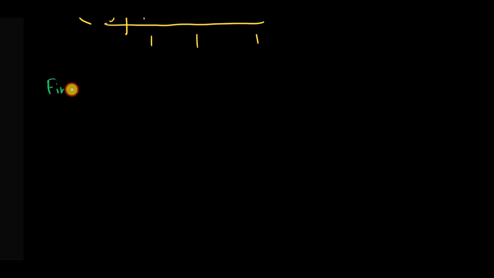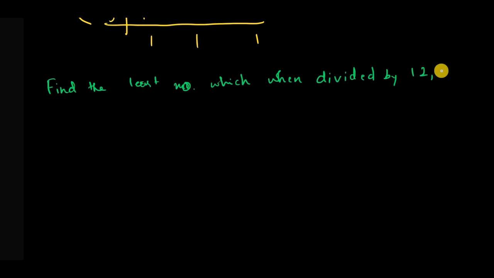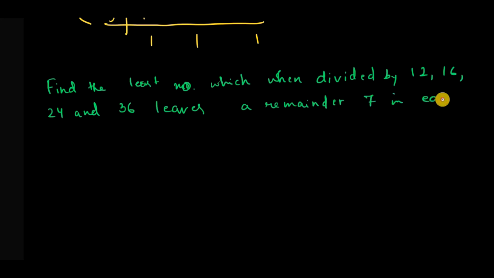We have to find the least number which, when divided by 12, 16, 24, and 36, leaves a remainder 7 in each case.